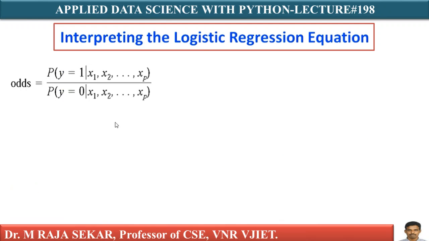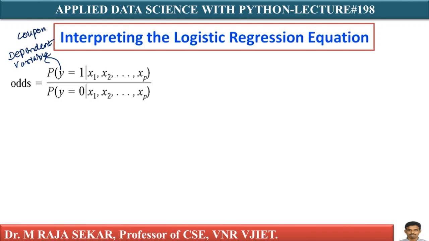Now, what is this? Odds of using coupon. What is this y? Y is coupon, the dependent variable. I can say it is the dependent variable, or I can say it is the outcome variable, isn't it? Here, the dependent variable is coupon.